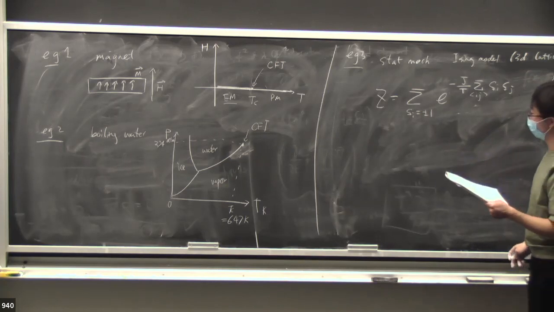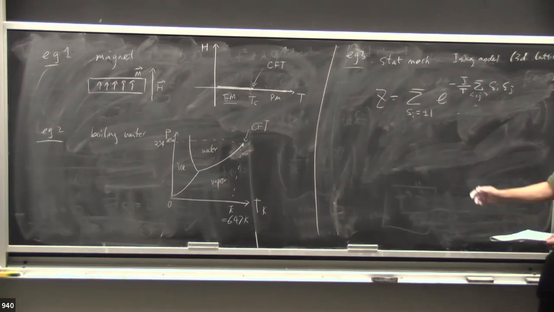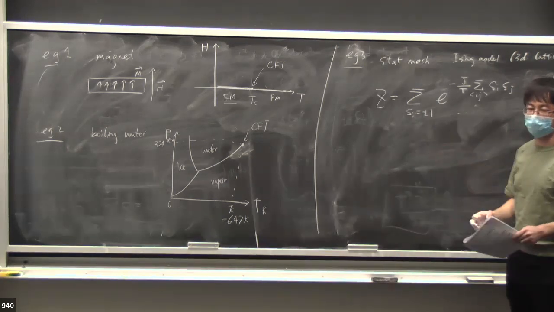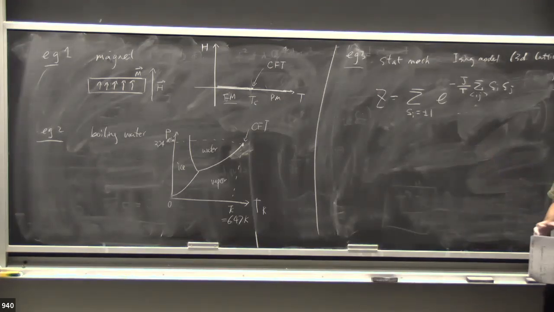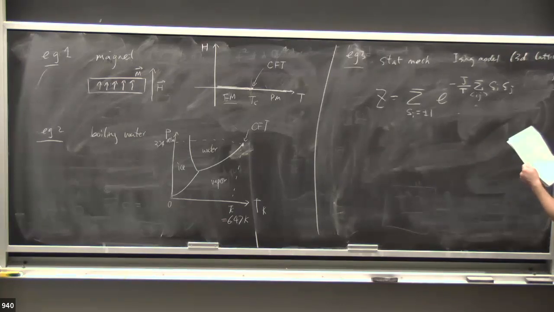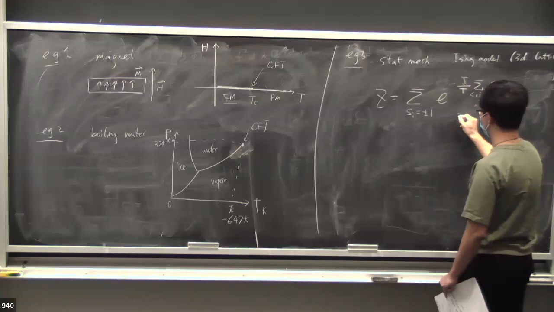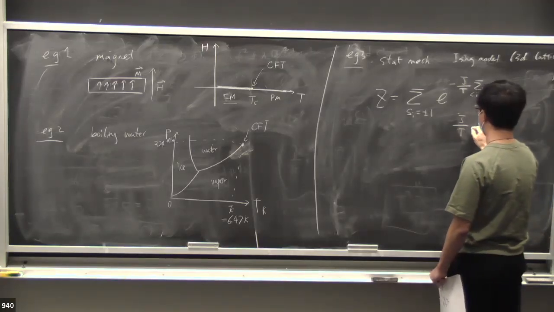Your infinite dimensional integral became a sum over possible states. That's right, exactly. So the path integral will be equivalent in this language to summing over all configurations of spins over this three-dimensional infinite size lattice. And here, the CFT arises when you tune this J over T to some critical value.